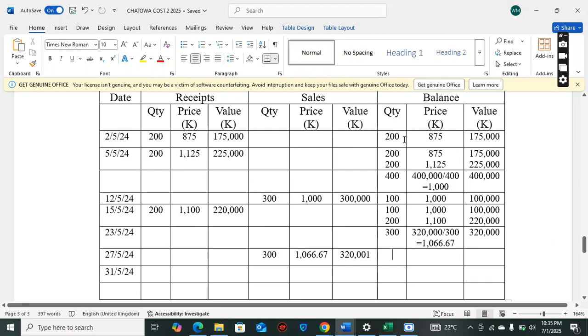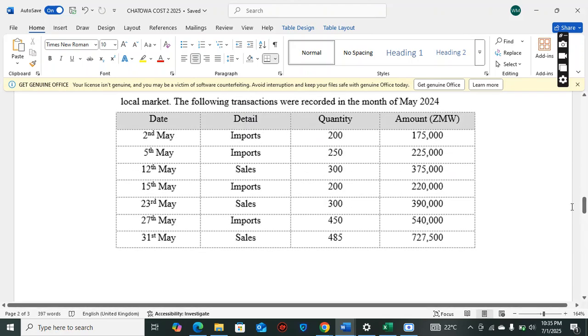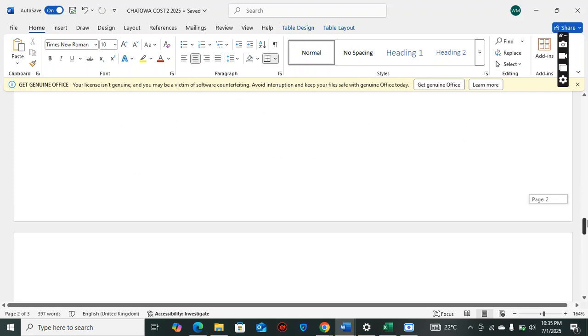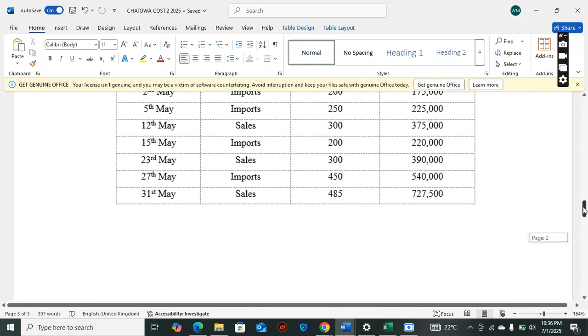If I've started with 200, 200, 100. We sold. Let me just make sure my sales and imports are right. Okay, here we imported 250. Colleagues, here I put a 200 instead of a 250.